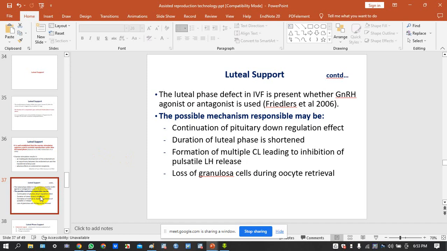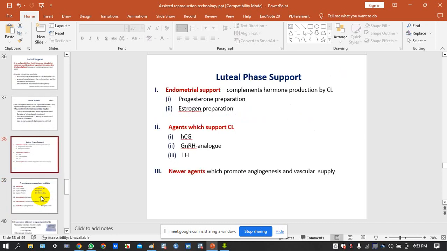All this has to do with the IVF mechanism. The endometrium is not receptive enough to receive the embryo, so you need to add additional things to cause glandular proliferation, cellular proliferation, and angiogenesis to support the fetus, or the embryo.